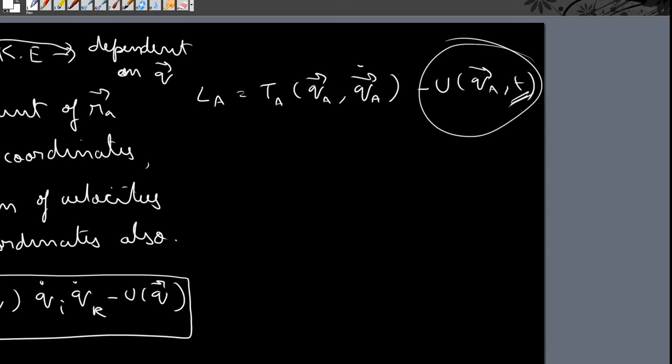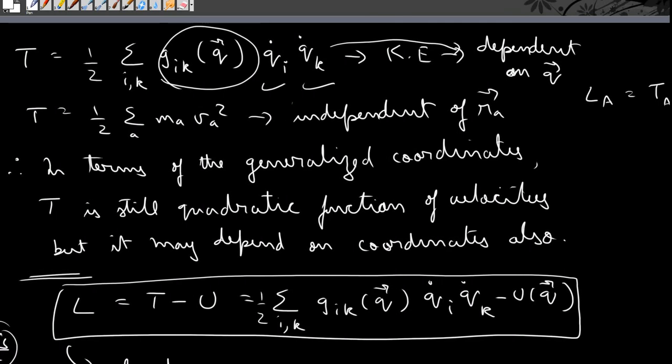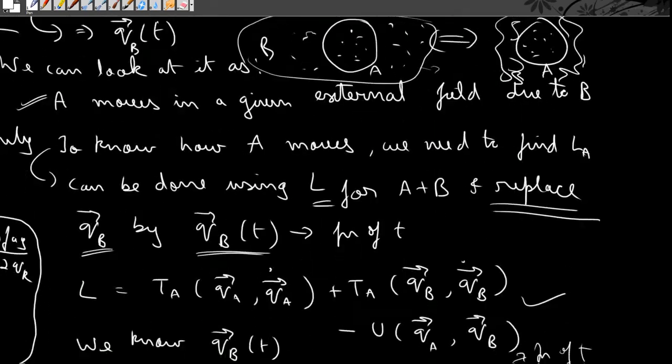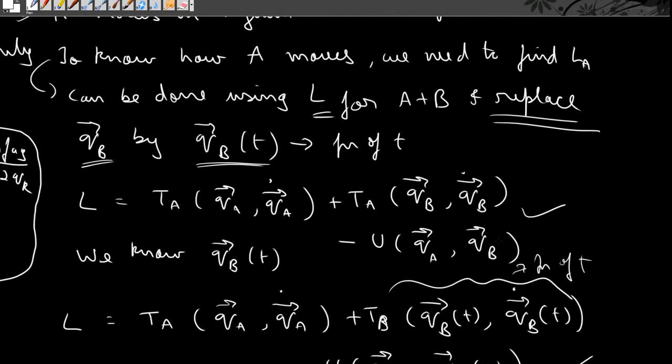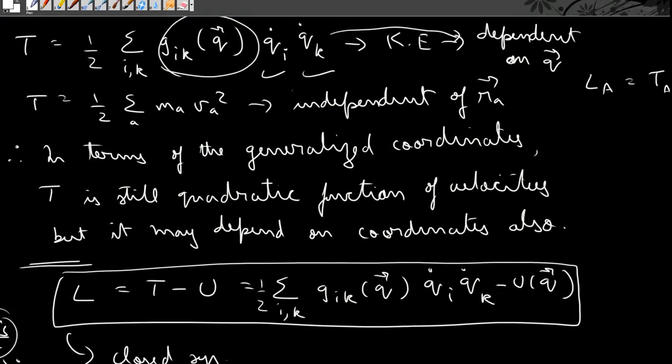But if this system interacts with some particles outside the system, another way of looking at the same thing would be to keep the same system in a potential field which varies with time in the same way as it would have varied with respect to change in coordinates of the particles of system B. Okay, so that is what we have written here.